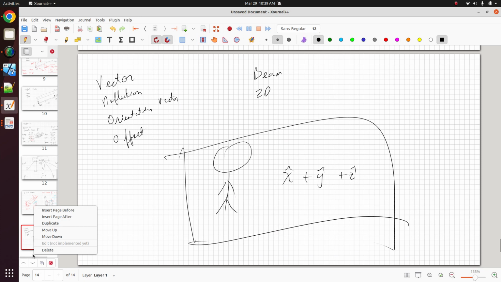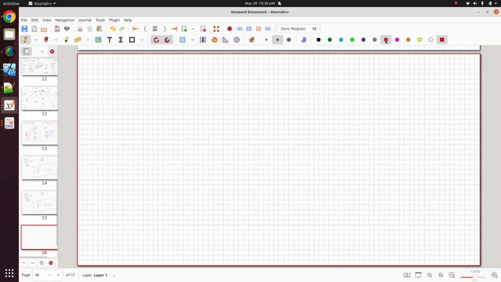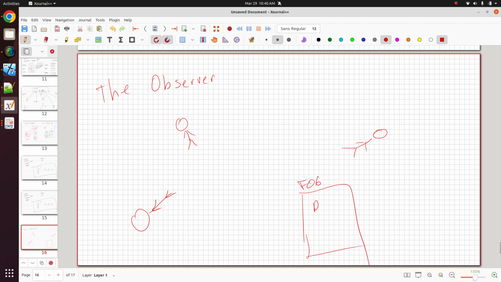Like I said, what I wanted to do in this video was to introduce this concept of the observer. We've seen throughout this video that this observer could have different orientations depending on if it's a grid or an element. It's in this perspective where you're getting data, say in the F06 file, you might have displacements, you might have stresses as an example.